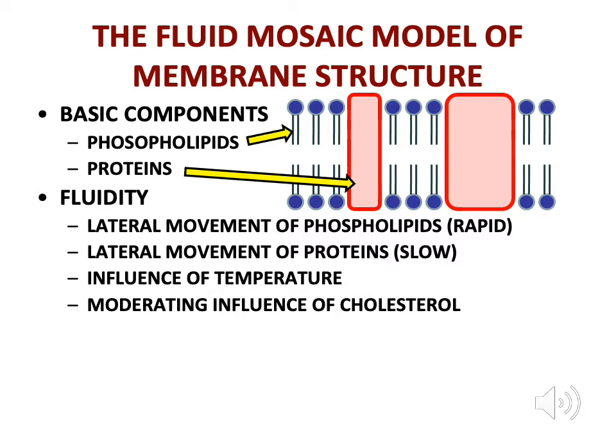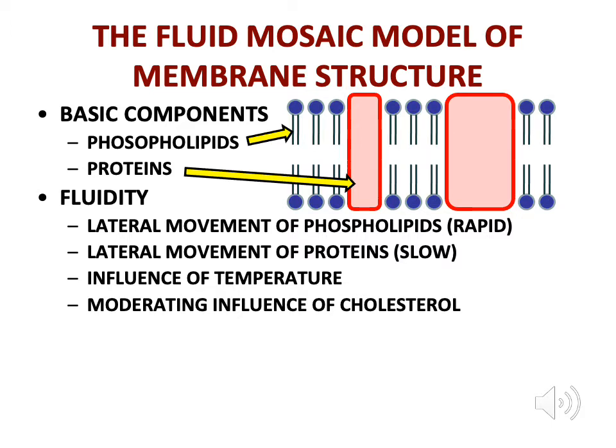In other words, if I'm going to depend on my membrane to let things in consistently, to let things out consistently, and at the same time I want to depend on my membrane as having enough integrity to maintain the outside of my cell or the outside of my organelle, I need to maintain some consistency of viscosity, which means I need to have some way of being able to resist the effects of temperature as it goes up, which increases the instability of the membrane, or if it goes down, which decreases the fluidity of the membrane. Both of those could be problems.